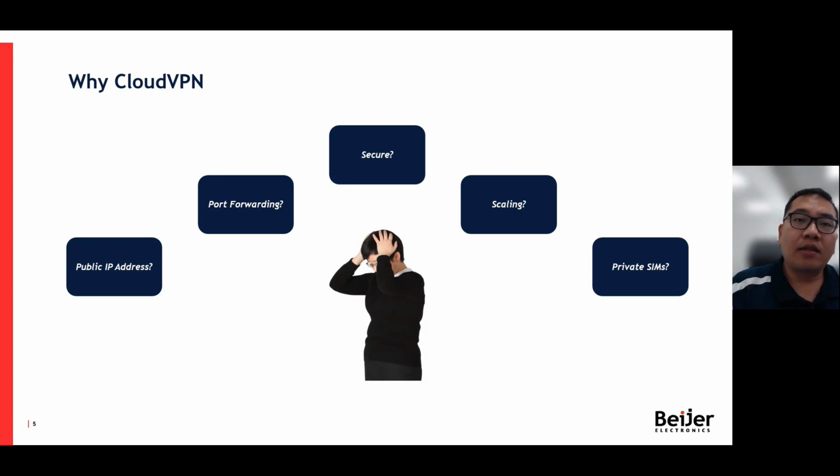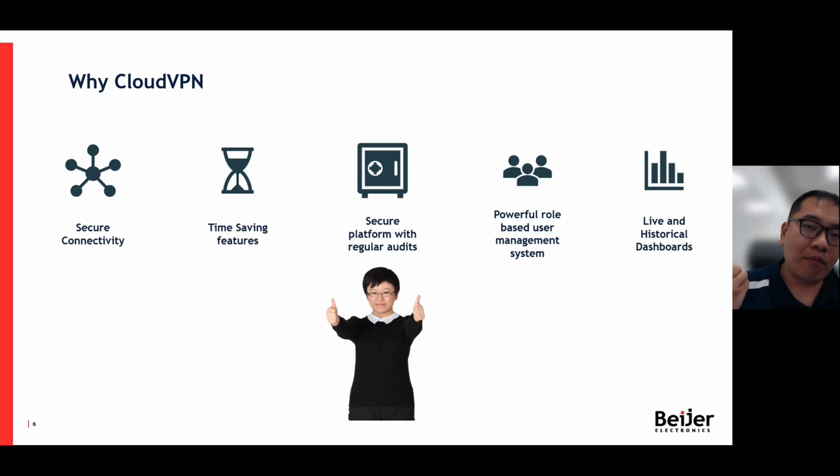And to the regular day-to-day industrial engineer, all this is just a big headache. Then what does the CloudVPN solve? It actually throws away most of the problems that we have associated with the previous methods of implementing a remote access solution.